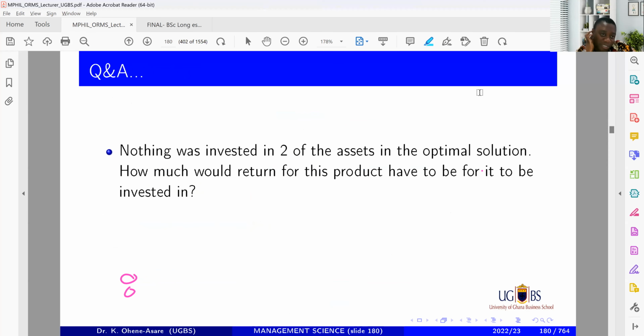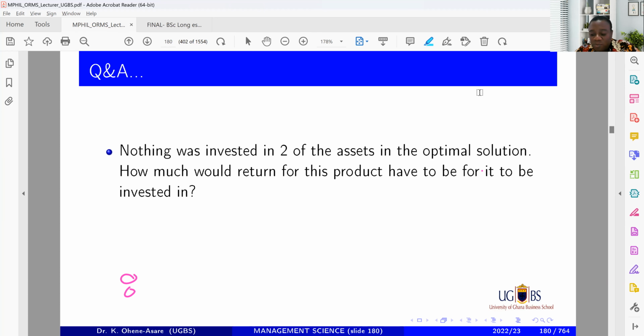All right, let's go back to this last question. Nothing was invested in two of the assets in the optimal solution, if you check it carefully. That is the municipal bonds and CDs. How much would the return for this investment have to be for it to be invested in?